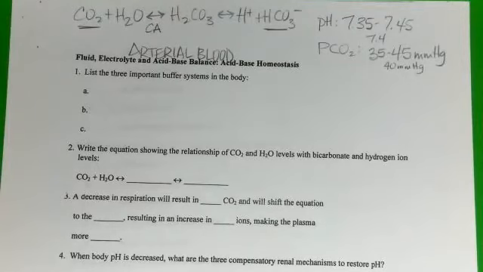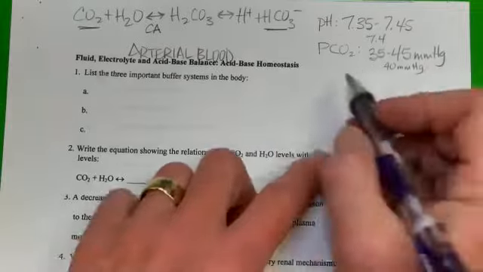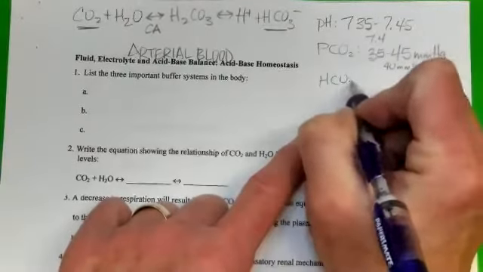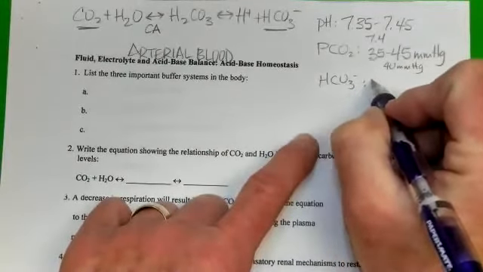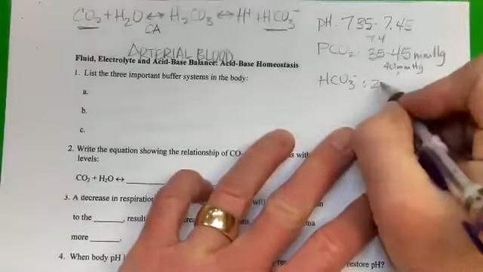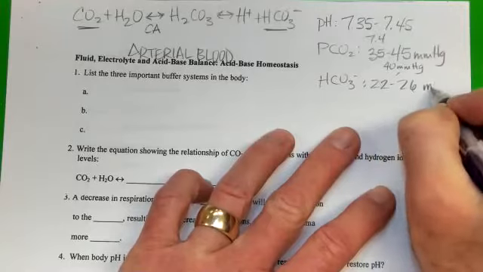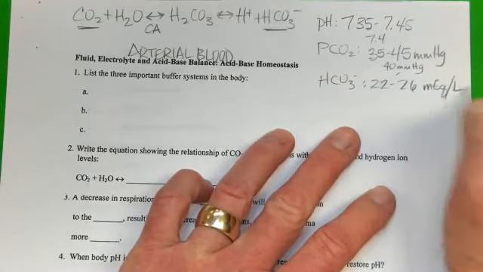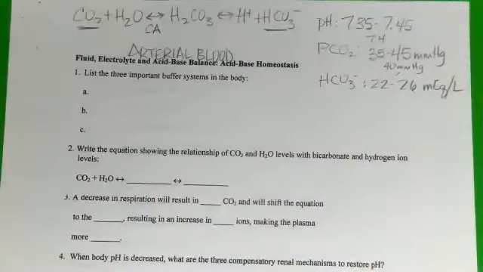Okay, and so then our bicarbonate levels are also going to affect what the pH is going to be of the plasma. And so our bicarbonate levels should be between 22 to 26, and here's a unit you've probably never seen before, milliequivalents per liter. Now, you can go online and if you Google ABG tutorials, you'll find 1,000 ABG tutorials easily.